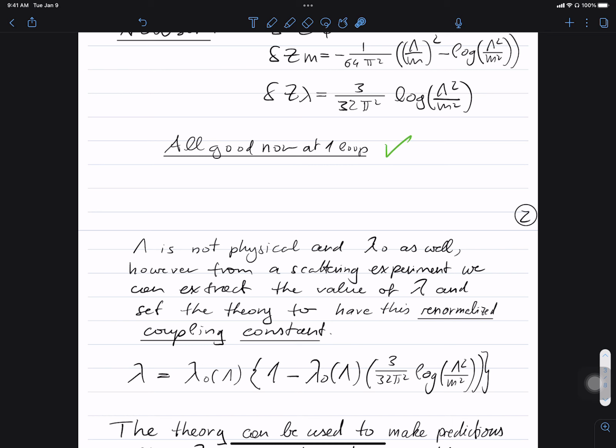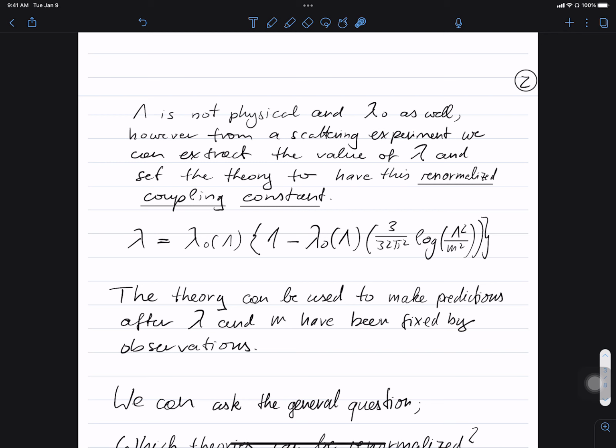The theory, however, does not predict any interaction strength. They are pure numbers, and they have to be put in due to observations of nature to match two basic observations, for example in this theory the interaction strength and the mass of the particle, and all the other processes that you might think of can now be computed.